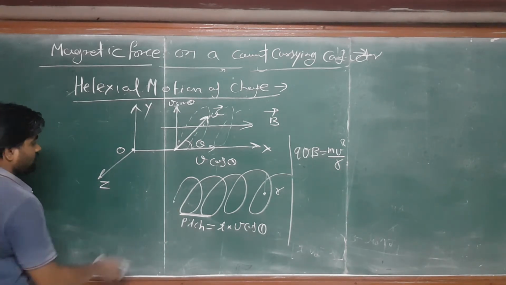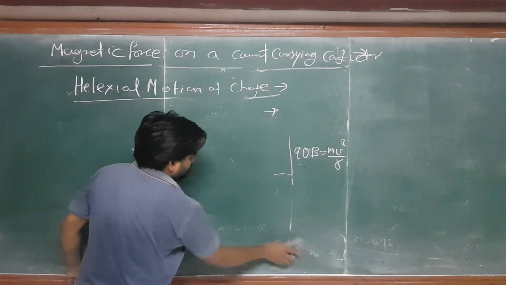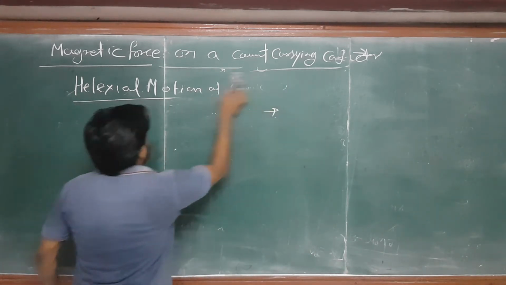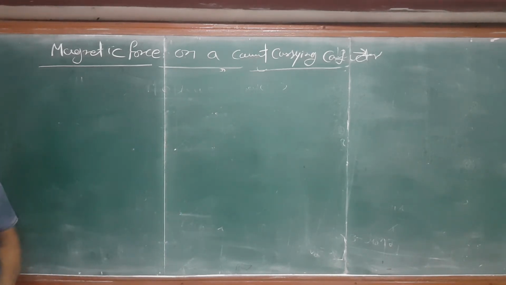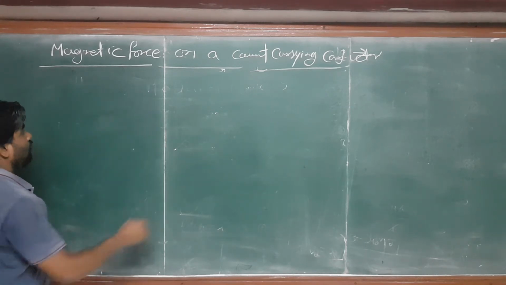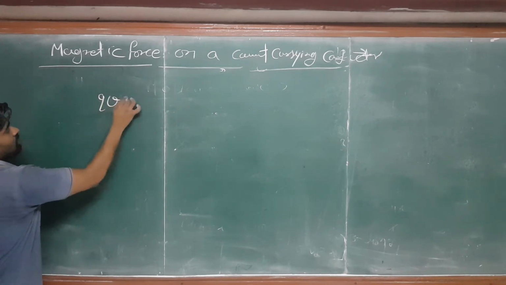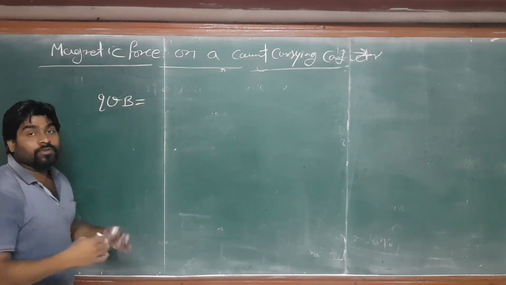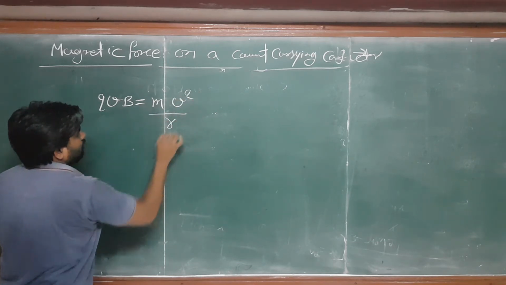I am erasing here. Some other factors to understand: the magnetic force acts towards the center and is always equal to the centripetal force, mv square by r.